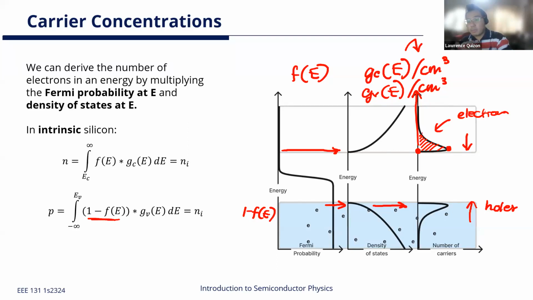So then when we multiply it by a Fermi probability, which is unitless, we also get the number of electrons per cm cubed, no? So then when we integrate this carrier density graph that we have, according to the energy band diagram, we integrate that from here to positive infinity, no?